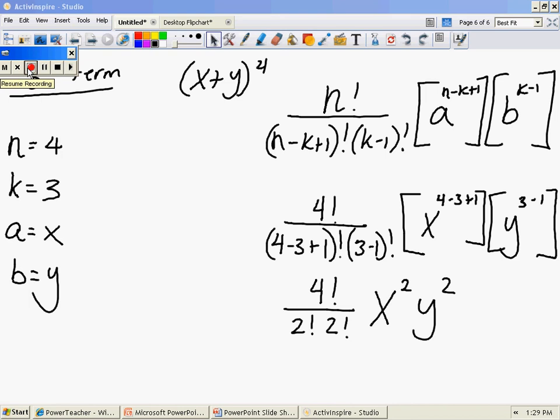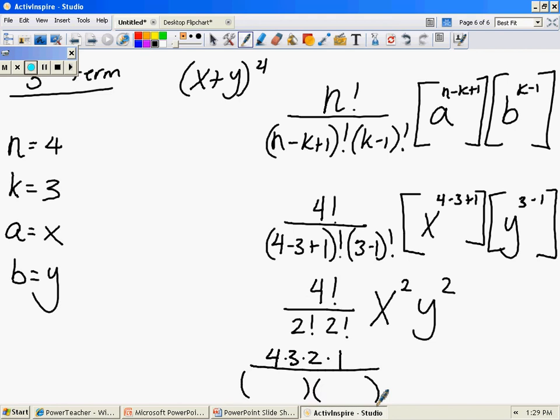Alright, so you guys remember what 4 with this little exclamation point means? That's 4 factorial. That means you start with the number 4 and you work your way down. 4 times 3 times 2 times 1. Remember that? And 2 factorial is 2 times 1 for both of them there.